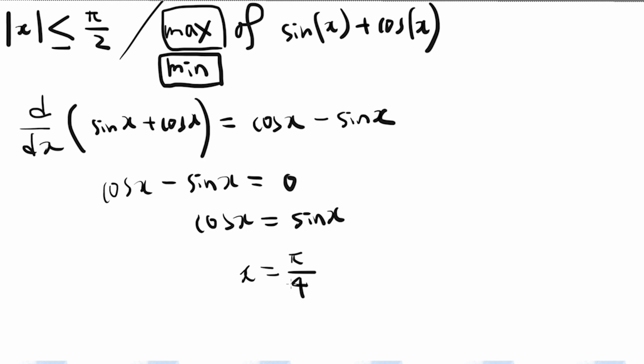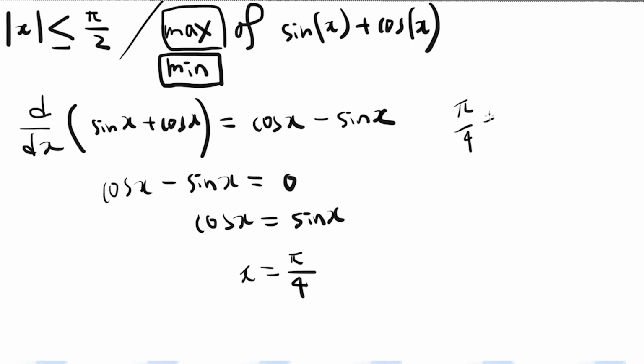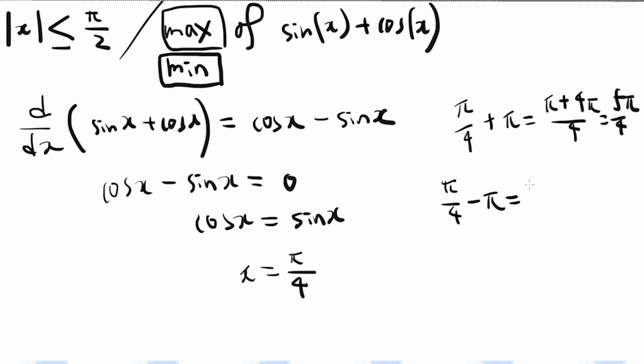And we can find the other values of x where sine and cosine are equal by adding and subtracting pi. Pi over 4 plus pi is 5 pi over 4. Pi over 4 minus pi is minus 3 pi over 4.